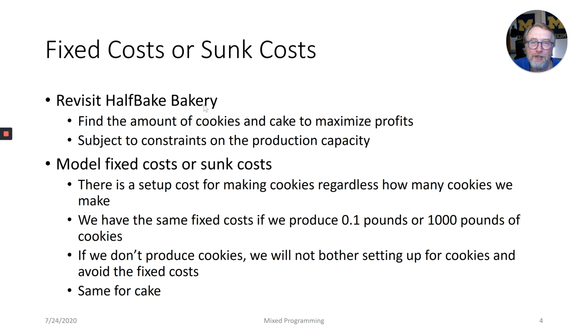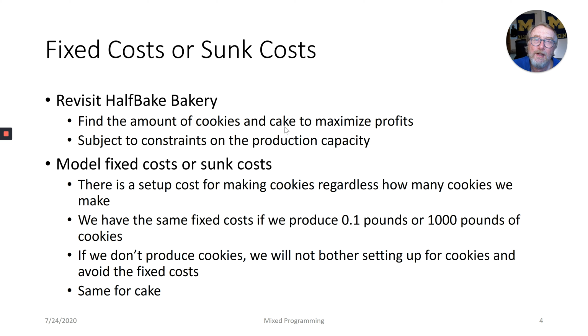So what's a fixed cost? A fixed cost is a cost you incur regardless of how much you produce, right? So whether you produce a tenth of a pound or 1,000 pounds of cookies, you still have the fixed cost. And often the fixed cost is things like setup costs, right? You have to set up your production line to make cookies. You have to set up your production line to make cake. If you're not going to make cookies, you don't set up the production line, so you don't have the fixed cost.